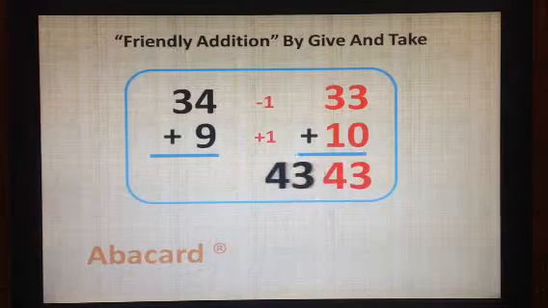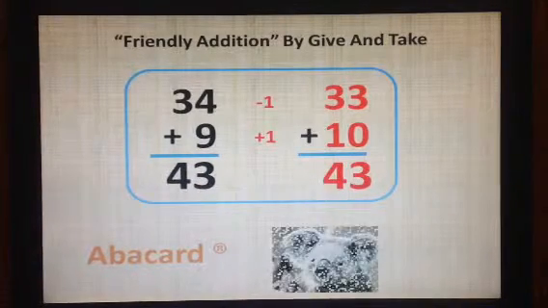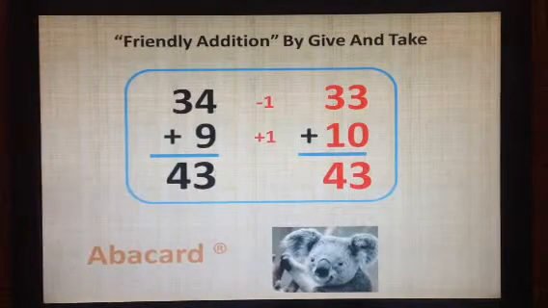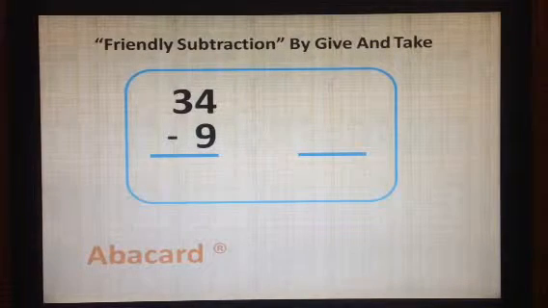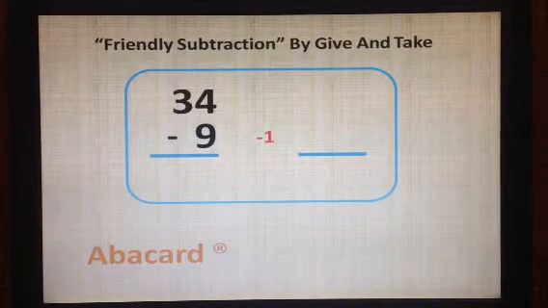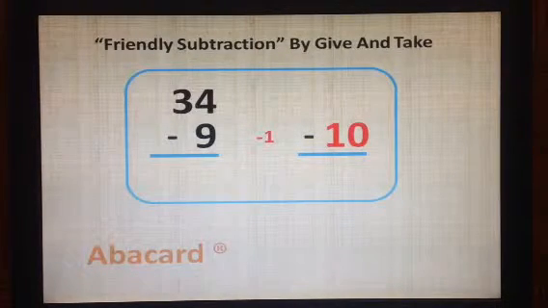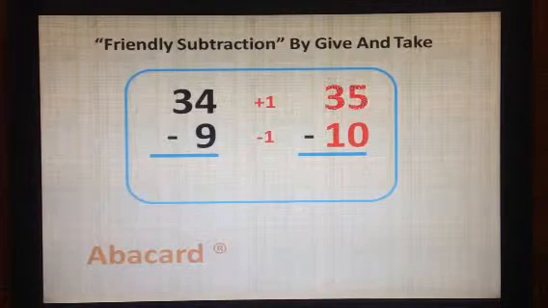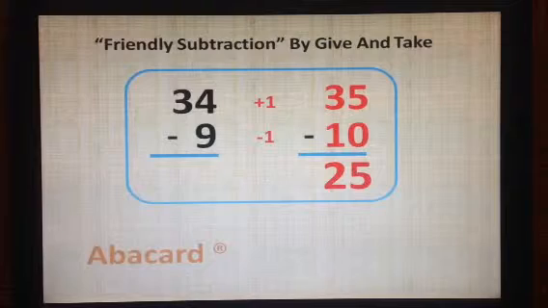Wow. Now what about subtract? Oh, we never subtract 9. What we're going to do is subtract 10 and then add 1. What a great mental math thing. You don't have to count or anything.